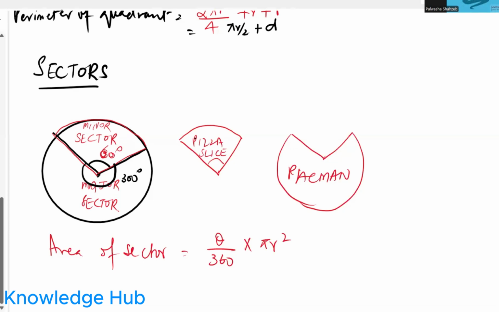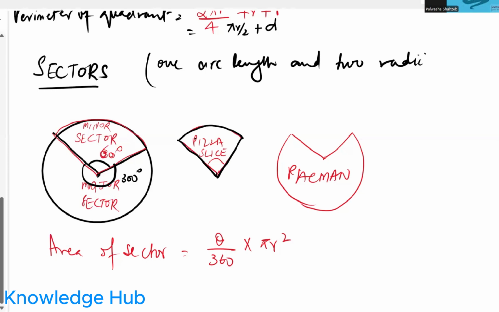Now let us talk about the perimeter of the sectors. For the perimeter, we have to move through all the outer boundaries. So this is the outer boundary: arc length plus radius and radius. As I told you at the very start, a sector is formed with one arc length and two radii.